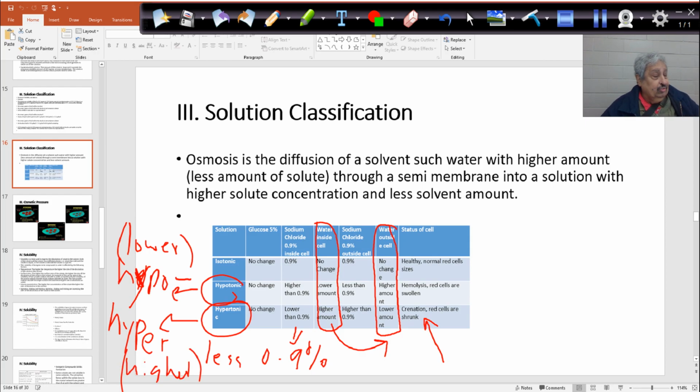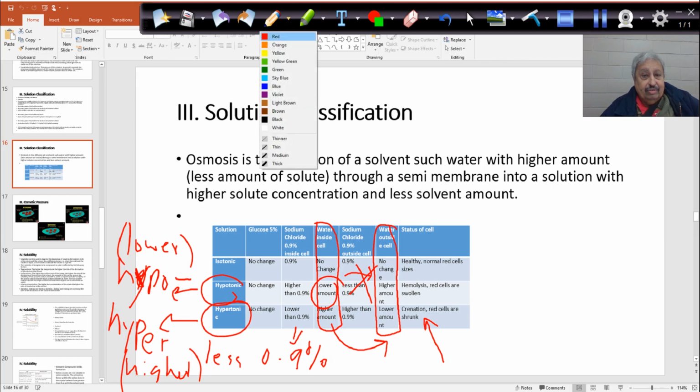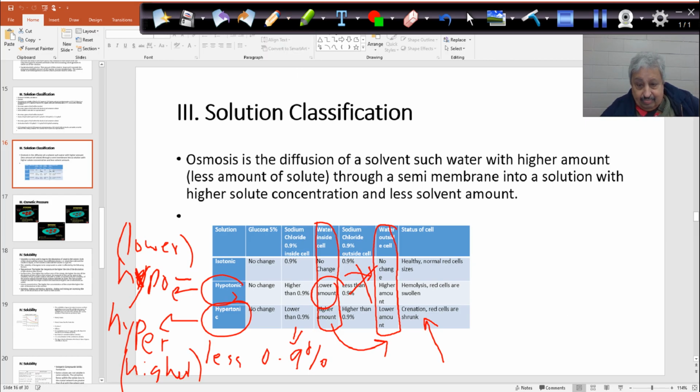So higher H2O, lower H2O, where all this is controlling the H2O inside the cell. So the hypo is lower, correct? And lower cannot go this way here. That's reverse osmosis. It has to go from higher to lower. Outside is higher, so it will go like this. And the whole red cell will be what? Blown up.